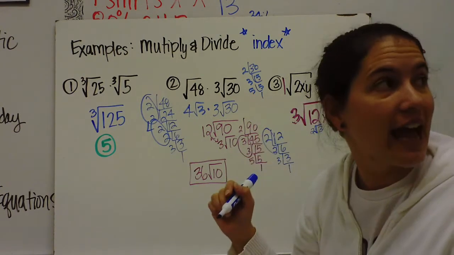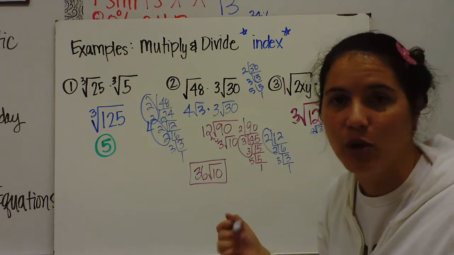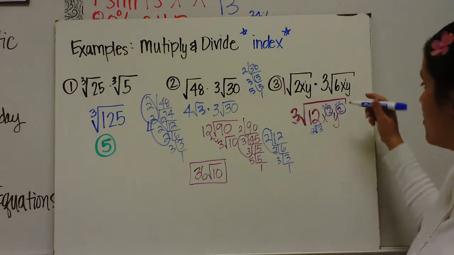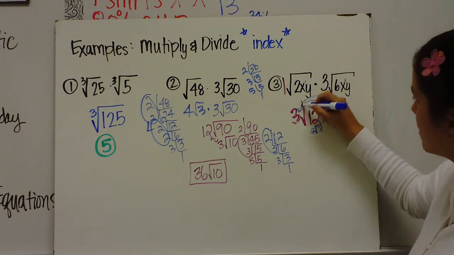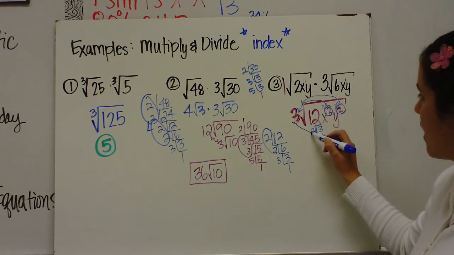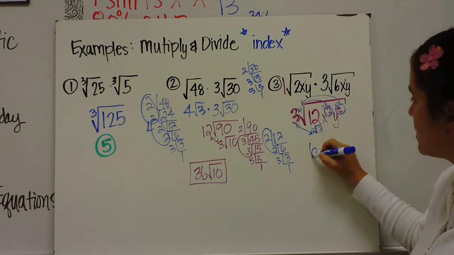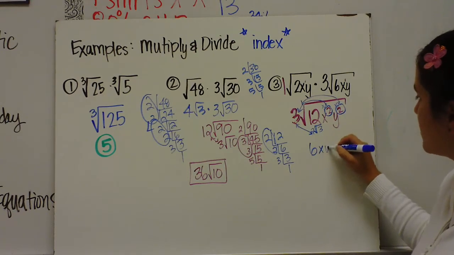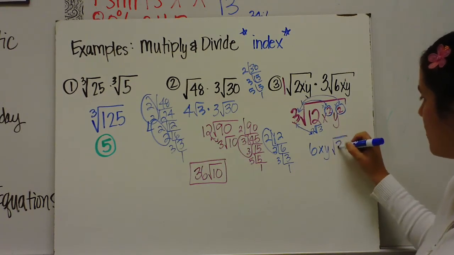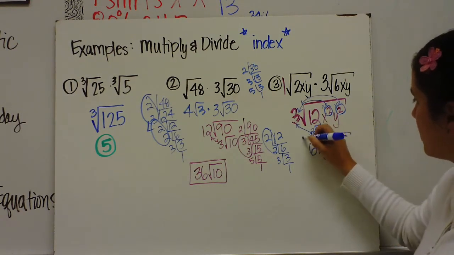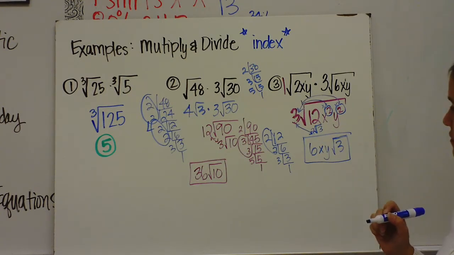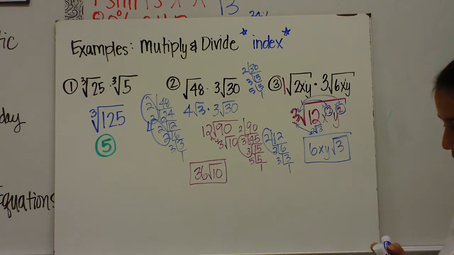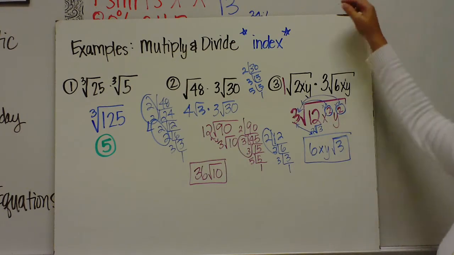I can take those out of my radical because I have a pair of them. So when these come out, I'm going to multiply my 3 and my 2. 3 times 2 is 6. My x comes out, my y comes out, and then I'm left with my square root of 3. Alright? That's a lot.